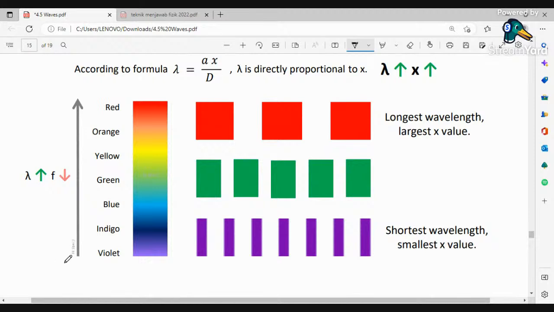Lambda increases from violet to red, so the wavelength of red is longer. That's the reason why, if you measure the distance between two red fringes, this is X. If you change to green color, this is the X. So as lambda decreases, X also decreases.